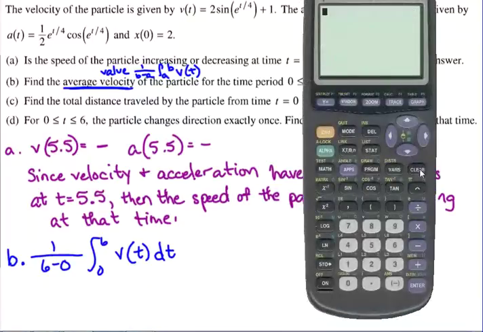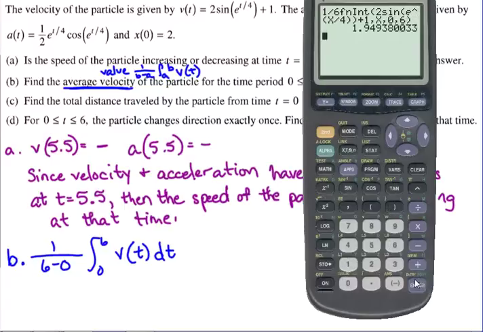Okay? 1 over 6 integral, velocity 2 sine e. Remember, we're going to use x on your fancy calculator. You can use a different one if you want to, but parentheses, comma, x, comma, 0, comma, 6.